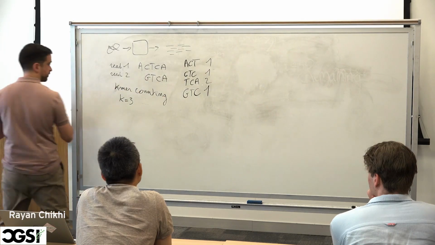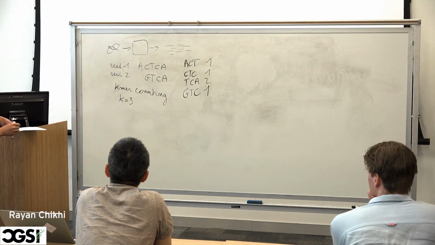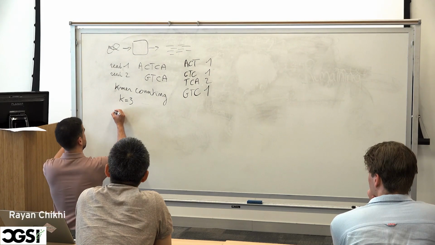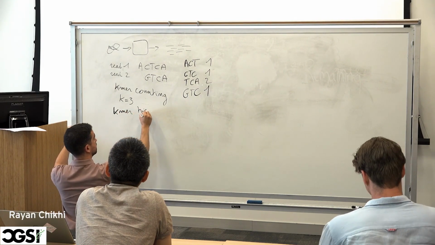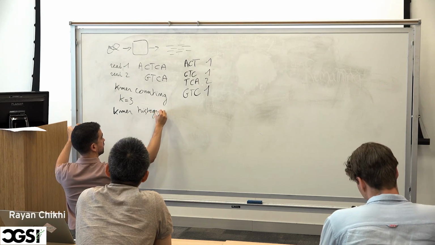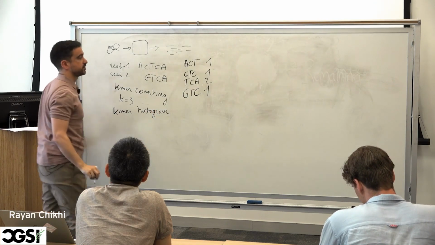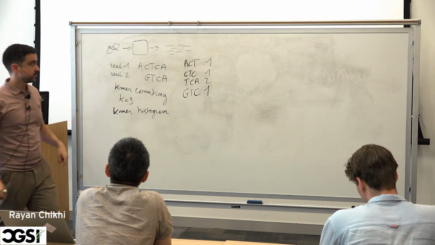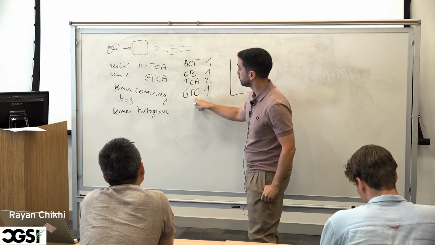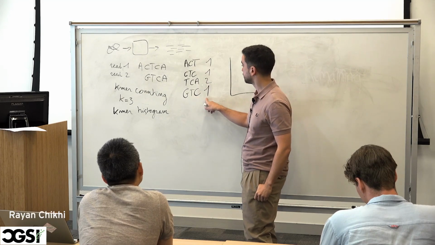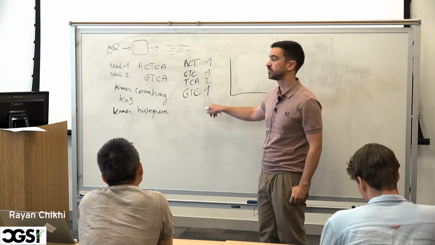Then, from this table of counts, there is such a thing called a K-mer histogram, which consists of taking this table and forgetting about the sequences of the K-mers themselves, just looking at the distribution of values here.